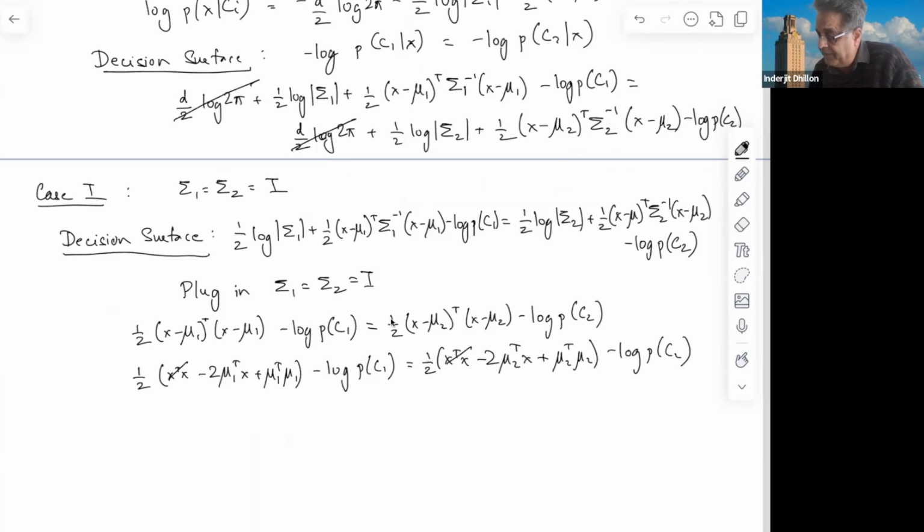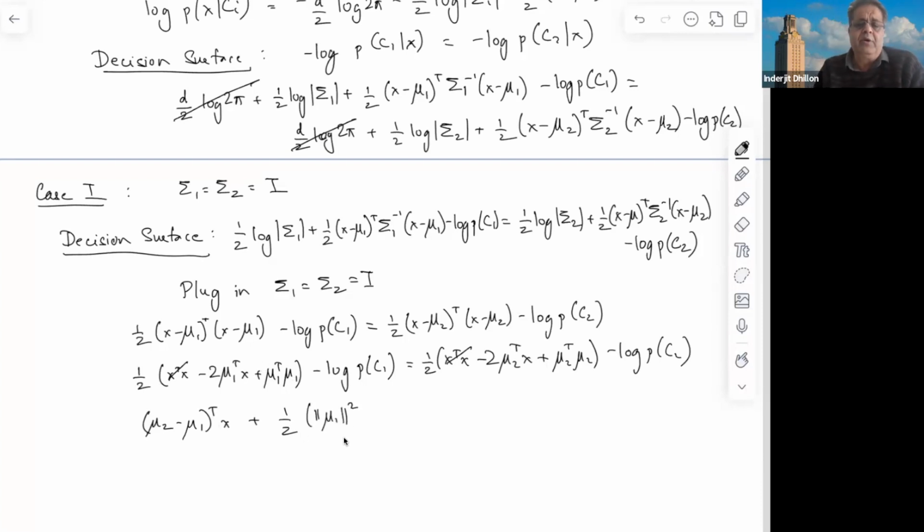And the decision surface, if I just bring this over to this side, with a 1/2 over here, and doing some algebraic manipulations, is (mu2 minus mu1) transpose x plus half of the norm of mu1 squared minus the norm of mu2 squared from the other side.